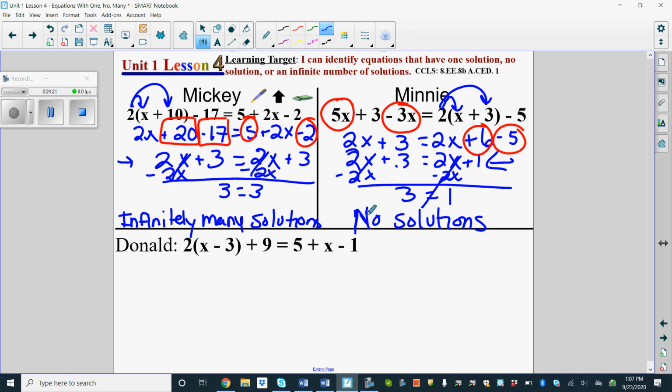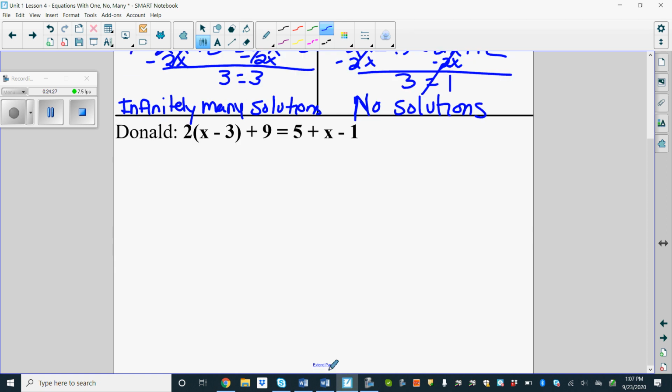Okay? And last but not least, we have Donald. So I'm going to extend the page. Okay. Donald, we need to start with distributive property. So 2 times x, 2x. 2 times a negative 3 is a negative 6 plus 9 equals 5 plus x minus 1. We can't stop here because we need to get all like terms together.